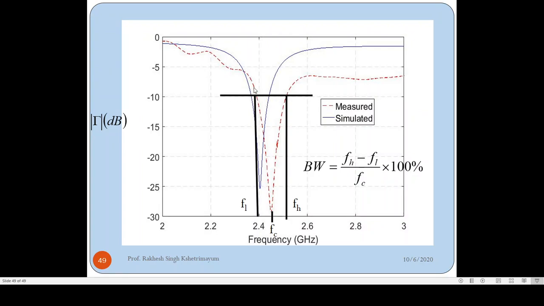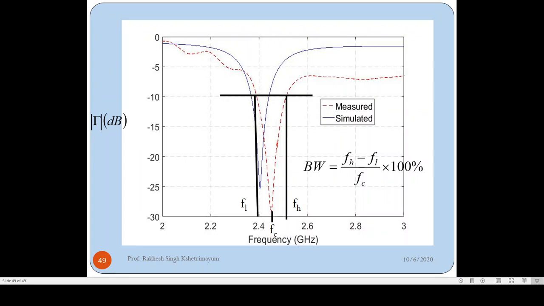For example, let's consider the measured one. This is the simulated one, and the measured one. The simulated one is the reflection coefficient for the antenna using the HFSS simulator, and the measured one is measured in our lab. They are almost following each other, very close. So let us consider this measured reflection coefficient of the antenna in dB with respect to frequency. As I have told you, the bandwidth of the antenna is defined for VSWR less than or equal to 2.